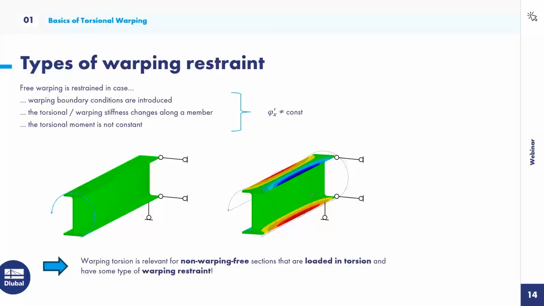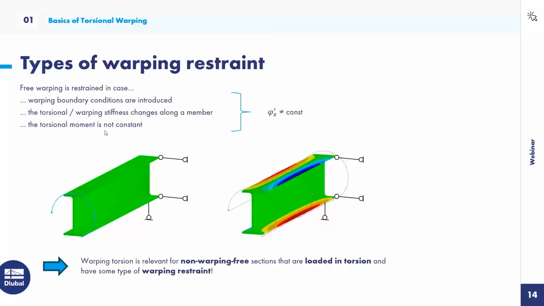But in fact, all other loading types that result in a varying torsional moment along the member also introduce a warping restraint by themselves. So all of those 3 effects or parameters influence the reaction of a member that has a non-warping free section to our torsional load.